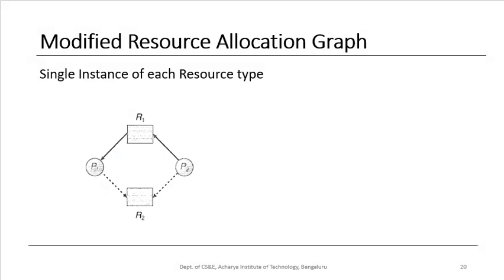Now, keeping our discussions in mind, let's go ahead and look at an algorithm which uses the resource allocation graph that we had talked about. Here, I am showing you a slightly modified resource allocation graph. We had discussed two types of edges that could be present in the resource allocation graph. One is the request edge.